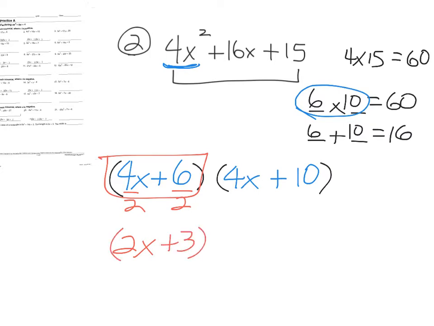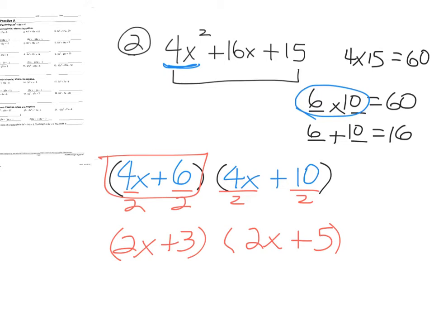Now, I'm not trying to make them the same like I'm doing with factor by grouping. What can I divide this one by? Same thing, 2. It's not always going to be this way. Sometimes one of the binomials won't need to be simplified. So then I simplify this one, and it's 2x plus 5. And you're done.